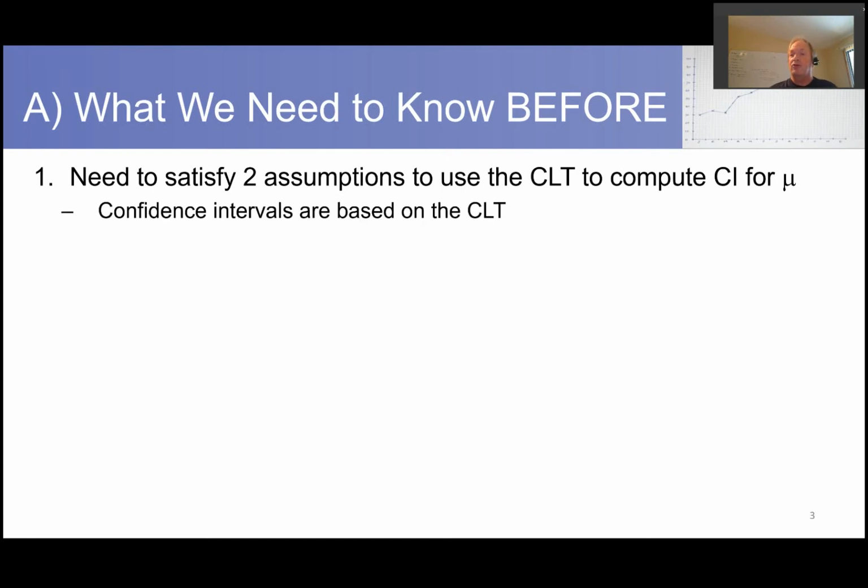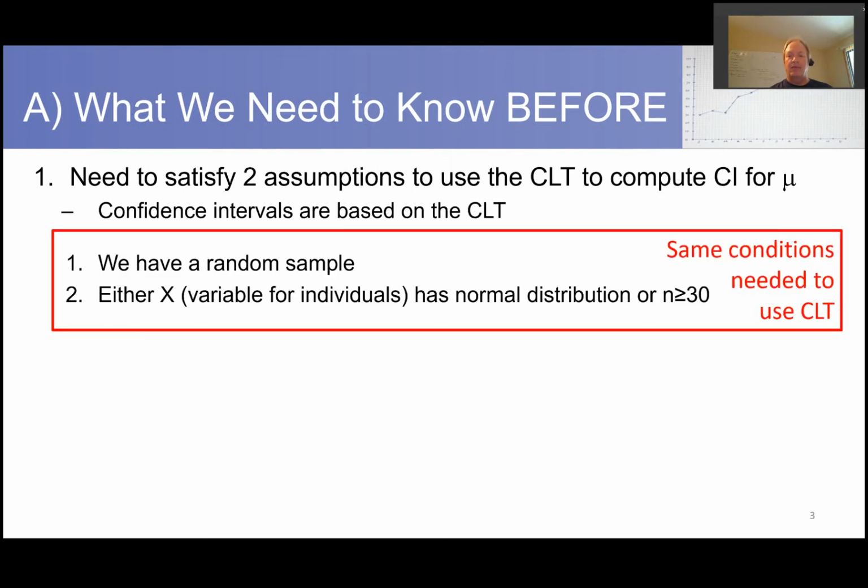And the reason why, as we're going to see in the next section, is that the theoretical basis, the reason why confidence intervals work, in very much the same way as we saw for hypothesis tests, is the central limit theorem. So it's the theory underlying both hypothesis tests and confidence intervals. And so the assumptions that we need to satisfy are exactly the same as when we had the hypothesis tests. Nothing new there.